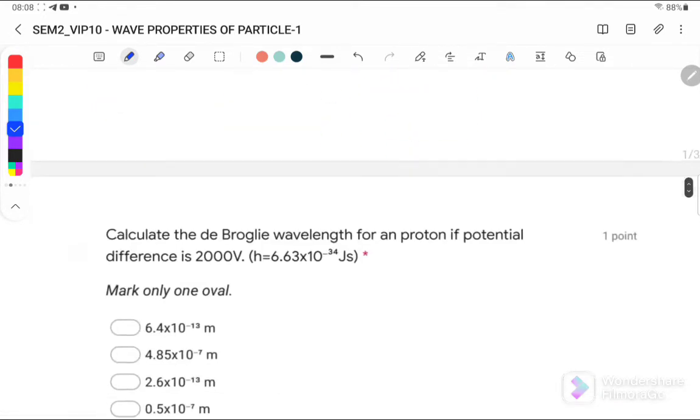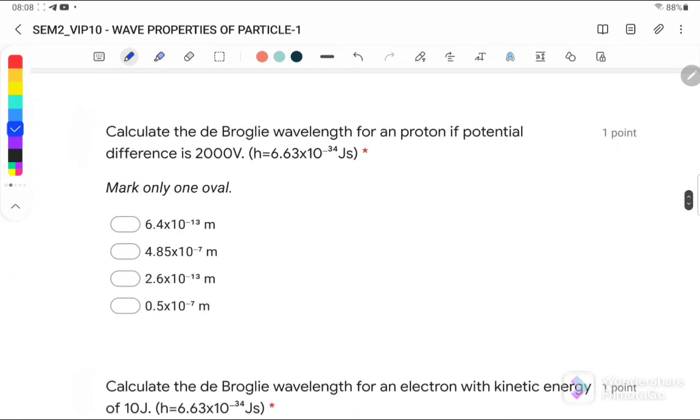Second question. Calculate the de Broglie wavelength for a proton if the potential difference is 2000 volts. Here we want to find the de Broglie wavelength for the proton, and the question gives us the potential difference.